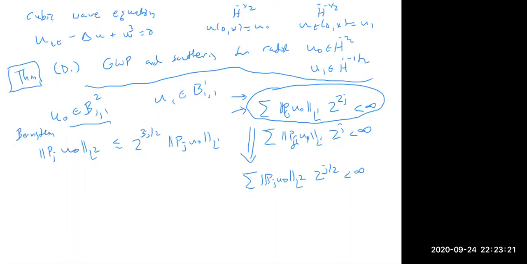For your linear solution, if S(t) is your linear unitary group operator for the linear wave equation, the L infinity norm is going to be bounded by 1 over t.